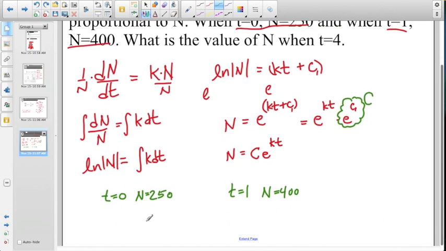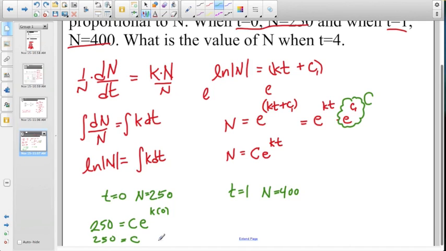So at 250, we're going to set up this expression. When n equals 250, t equals 0, this is basically e to the 0, and we know e to the 0 is 1. So we know our constant here is 250.